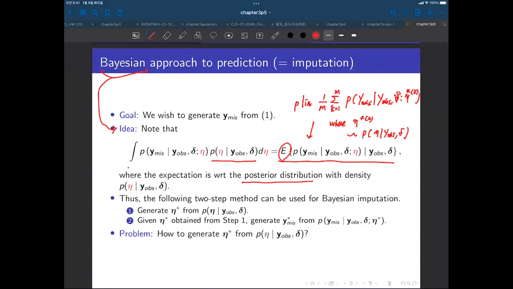So it's actually a two-step procedure. Step one, you generate eta. Step two, you generate y_miss, and then you do it several times and average them over. So generate eta, and then given eta star, generate y_miss. This is given from step 1.